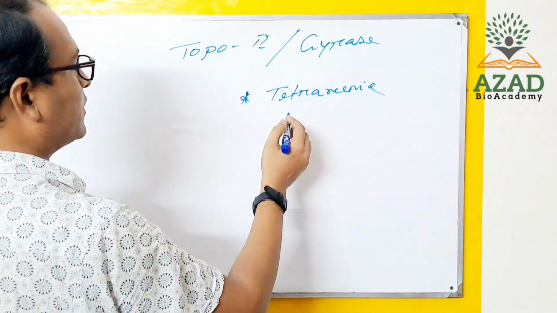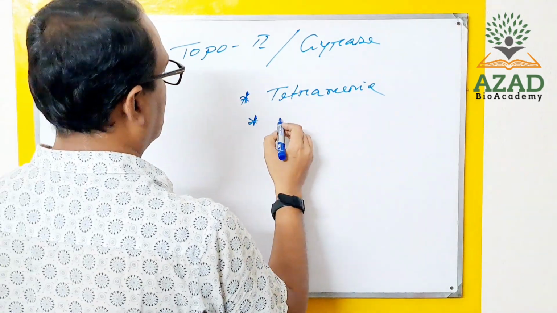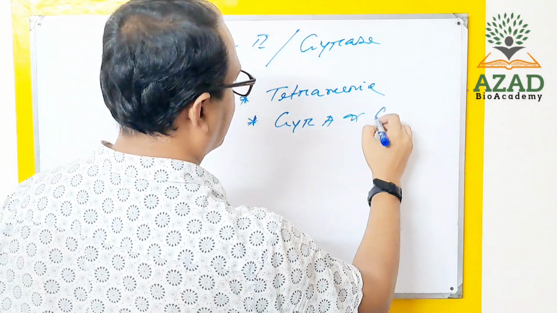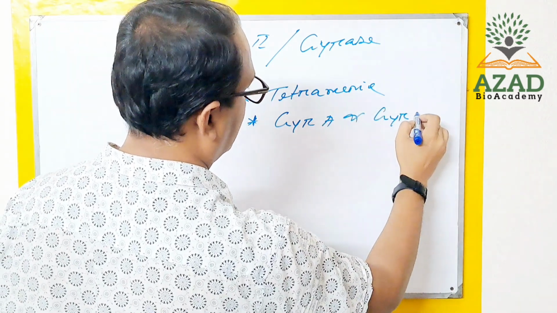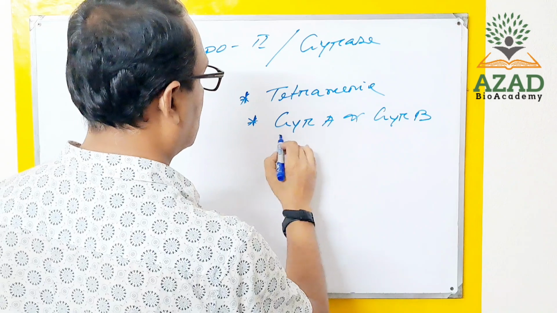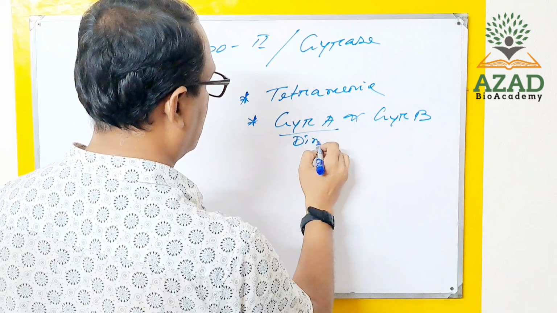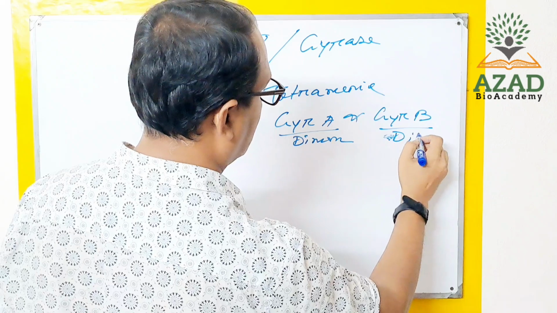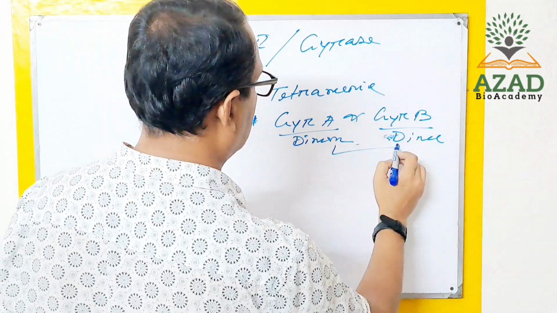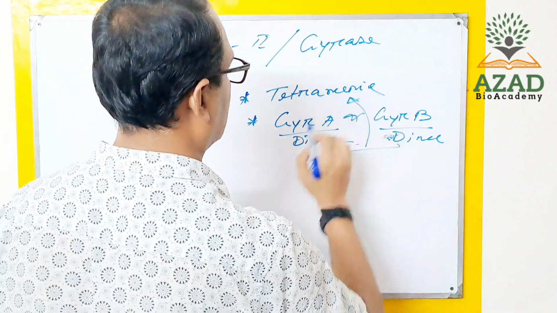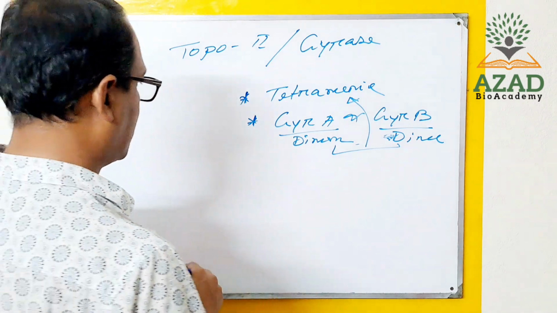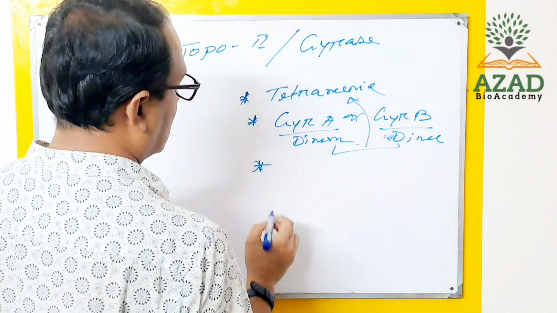The subunits are gyrase A, and you can say gyrase B, and both are dimers. Okay, so finally that is tetrameric.